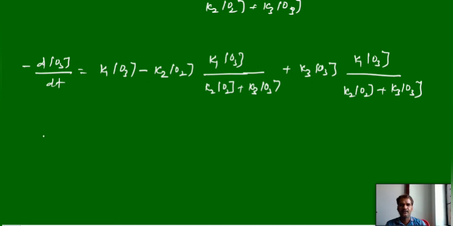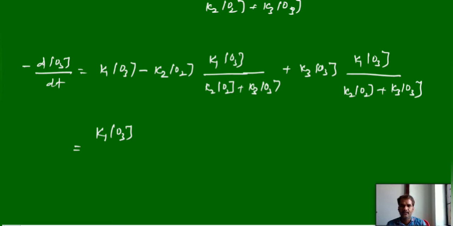This you can simplify and you will get here K2O2, K3O3, K2O2, K3O3. So, LCM is the same, that you can multiply with this K1 O3 into K2O2.